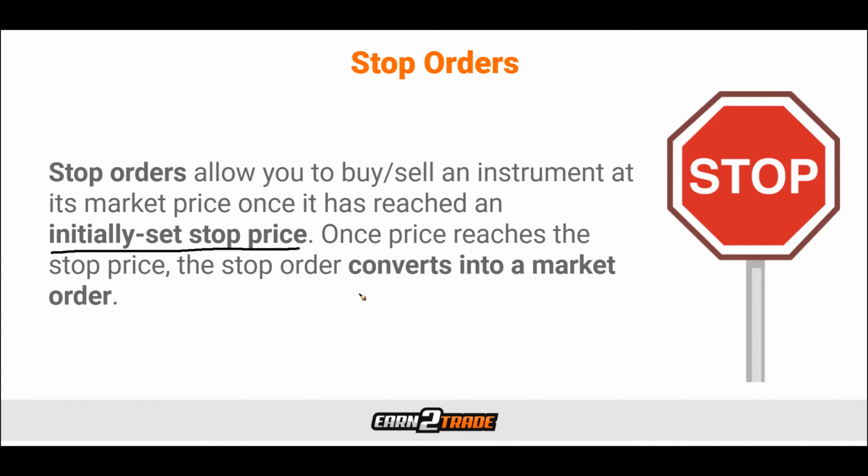A buy stop order is usually placed above the current market bid and becomes active only once that level is reached. And once this happens, the stop order is then converted into a market or limit order. The sell stop order, on the other hand, is placed below the current market rate and then becomes active once the level is reached. Traders will usually place their stop orders on the opposite side to where they are hoping the price will go.